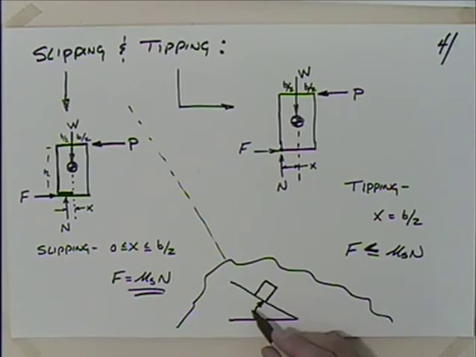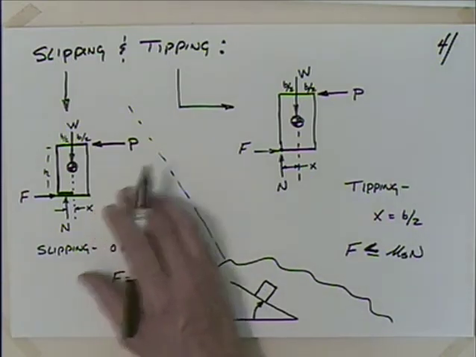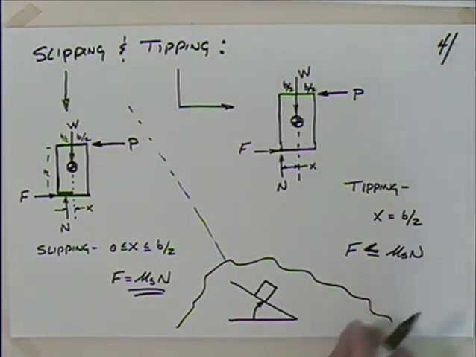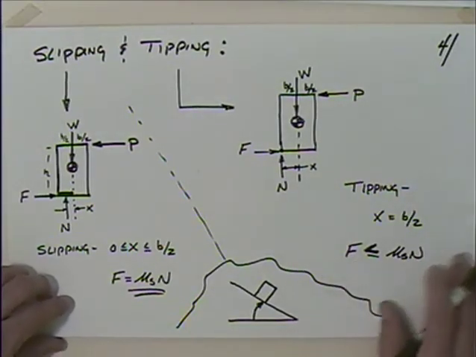Is it going to slip first, or is it going to tip first? So you often have to look at slipping, and you have to look at tipping, and then see which one's more plausible. Your author does a pretty good job of that one, and I encourage you to read through it.